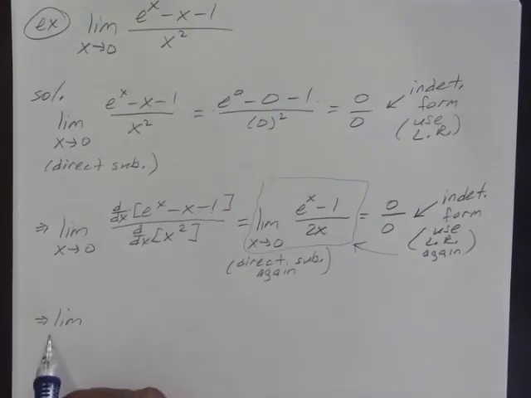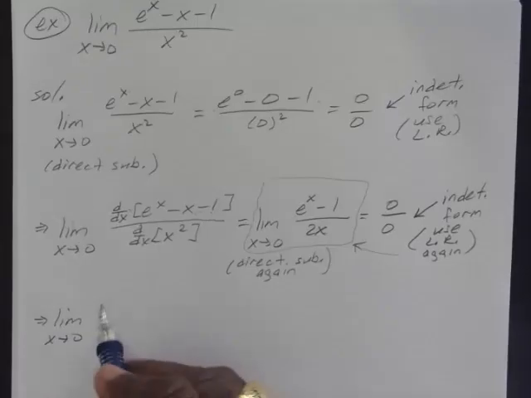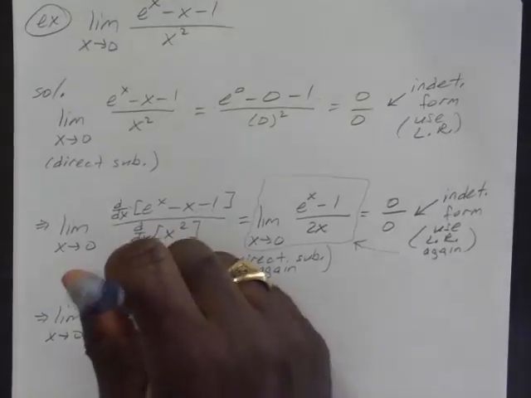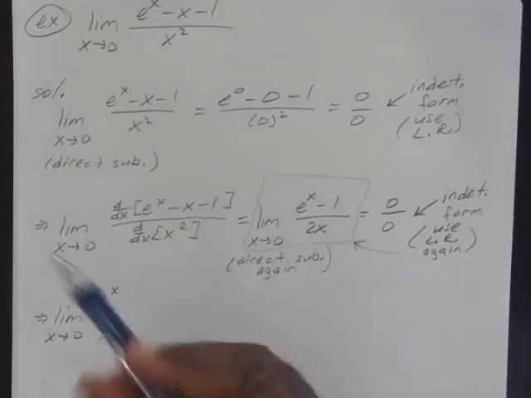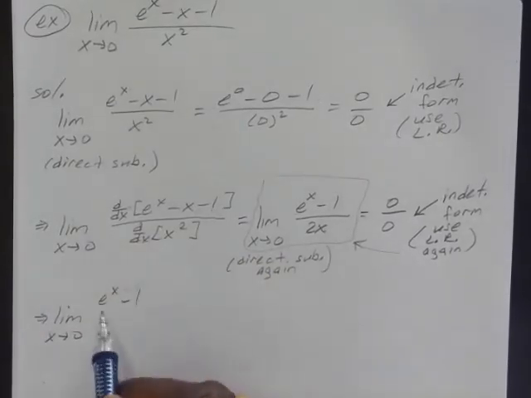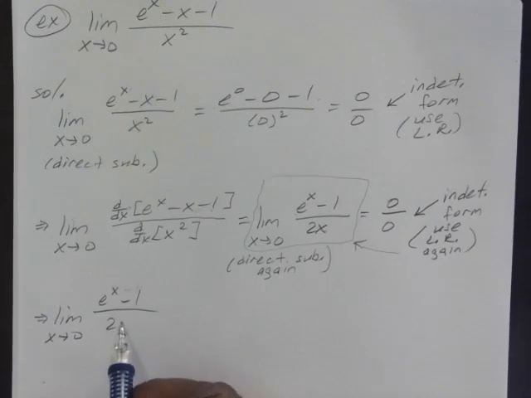So we have the limit as x approaches 0 of e to the power of x minus 1, divided by 2x.